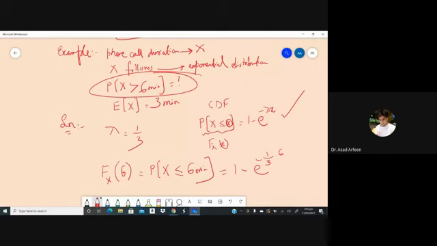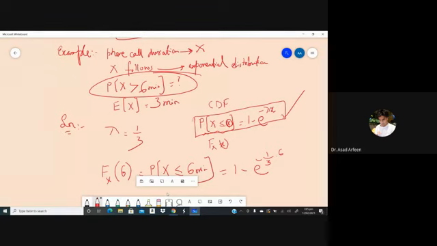So you can change x to 1, 2, 3, 4, 5, 6, whatever, but the answer you get is about the probability that the random variable capital X, which is exponential here, is less than your given value.